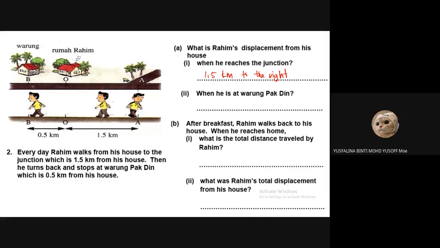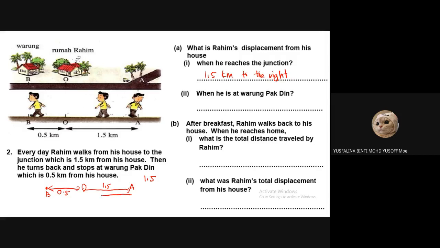Now from O he goes to A, so already 1.5. Then when he goes to the Warong, B here, this one is 0.5. The first, O to A, is 1.5.